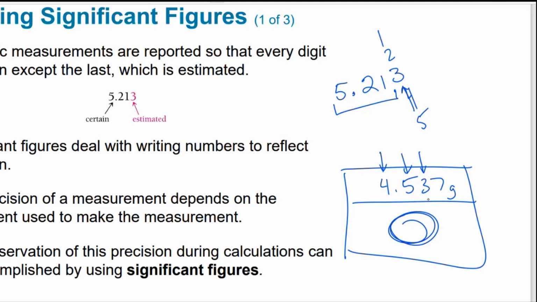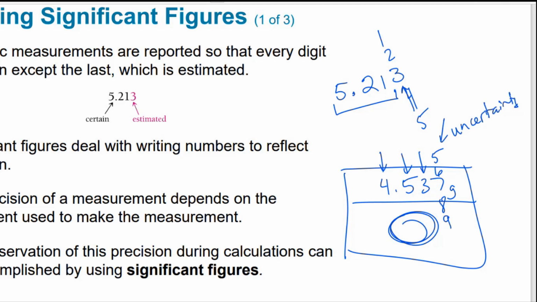But you might have noticed this scale might keep jumping around from 4.535 to 4.536 to 4.537 to 4.538 to 4.539 due to fluctuations in, let's say, the air current in the room. So this last digit is what we call the uncertainty.